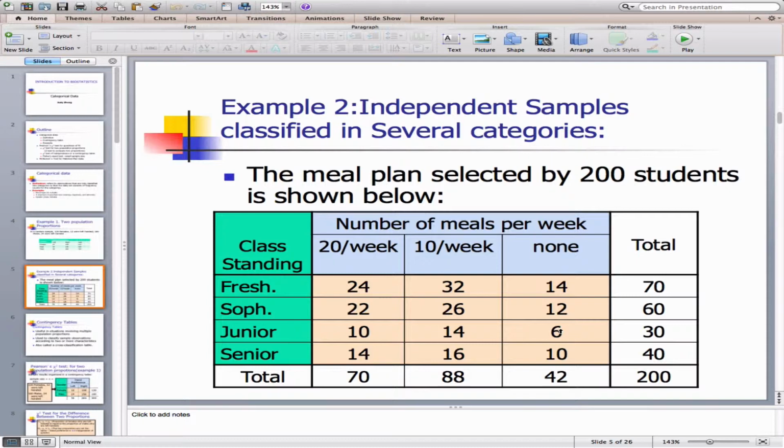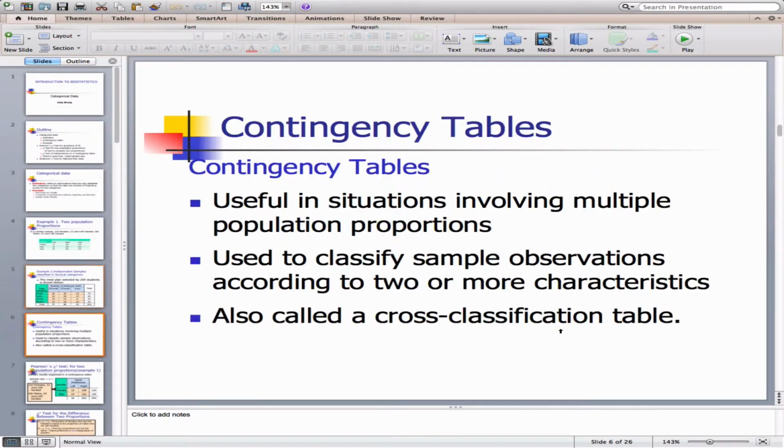If you have a third variable, then you need either a 3-dimensional table, or another layer of tables parallel to this. So essentially, if you have a table, the number of variables you're talking about is 2, and for each variable, the number of categories can be more than 2. This is something you need to remember. A contingency table is sometimes also referred to as a cross-classification table.